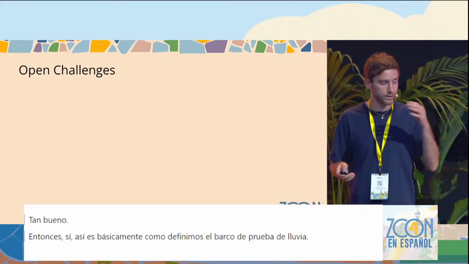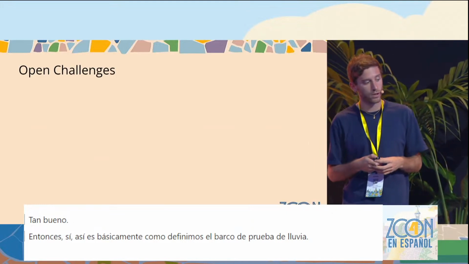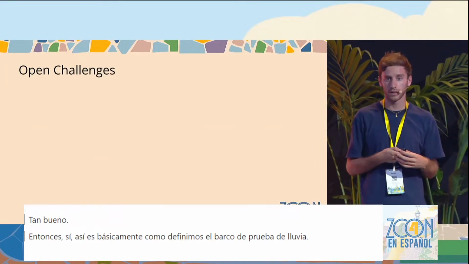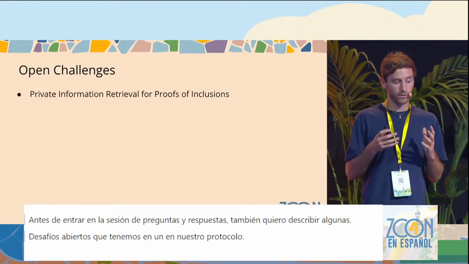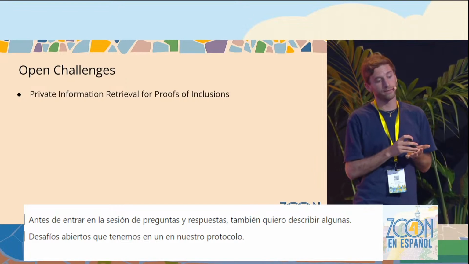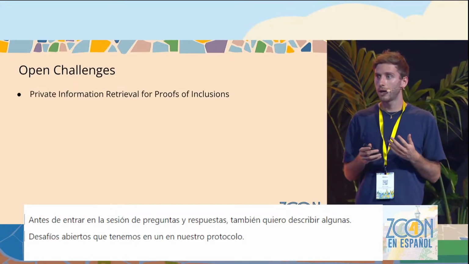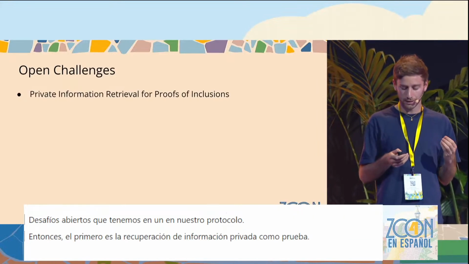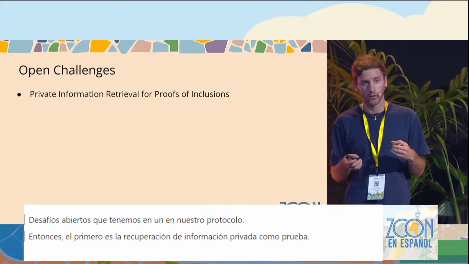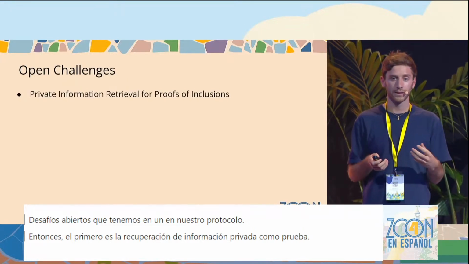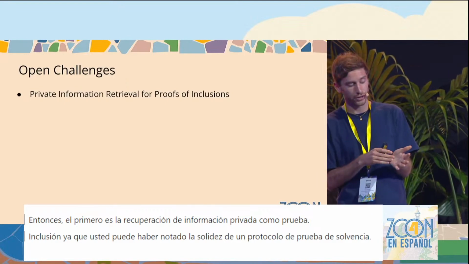Before getting into the Q&A session, I also want to describe a few open challenges that we have in our protocol. The first one is private information retrieval for proof of inclusion. As you might have noted, the soundness of a proof of solvency protocol relies on the number of users that verify the proof generated for them by the exchange.